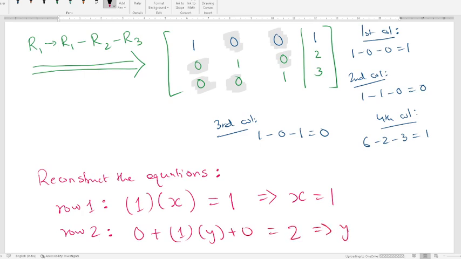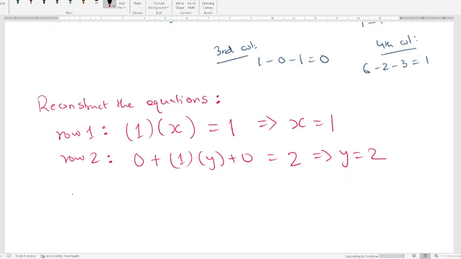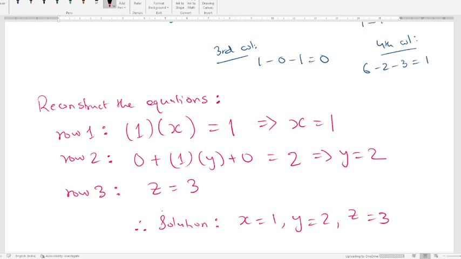This gives us y is equal to 2, right? Reconstructing the last equation, row 3, we can write directly z is equal to 3, right? So therefore, the solution is x is equal to 1, y is equal to 2, and z is equal to 3.